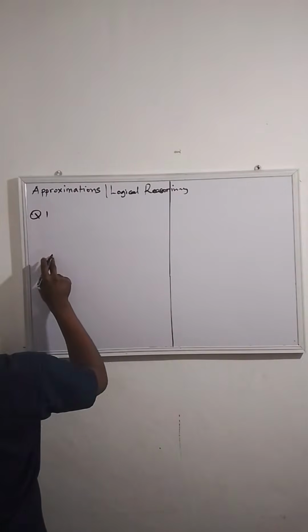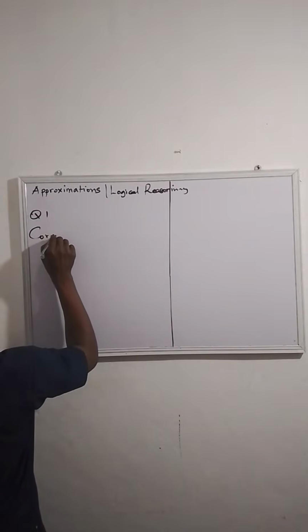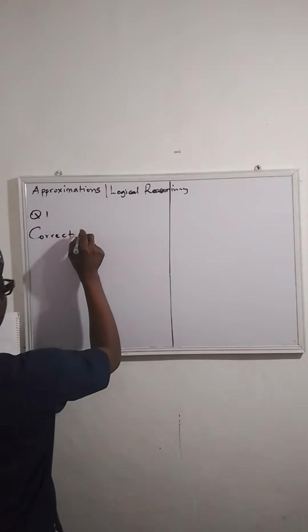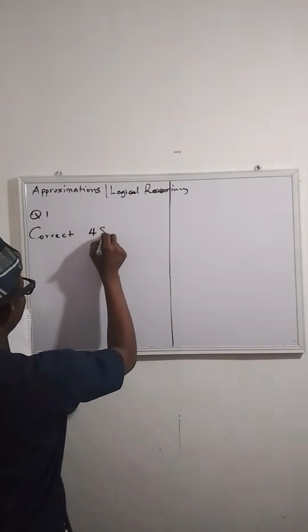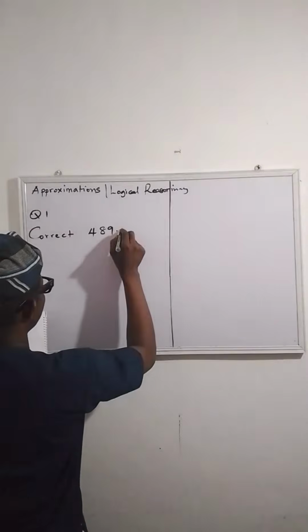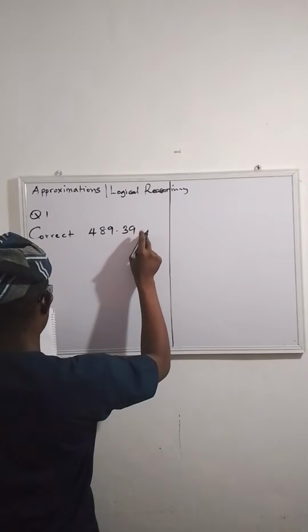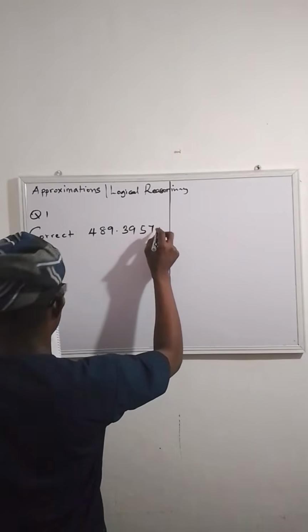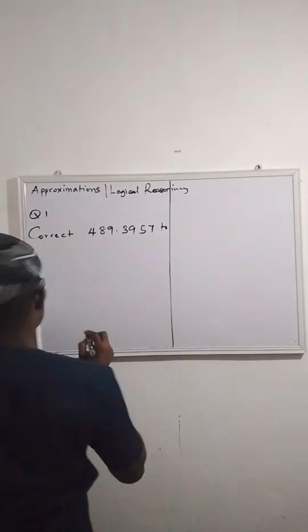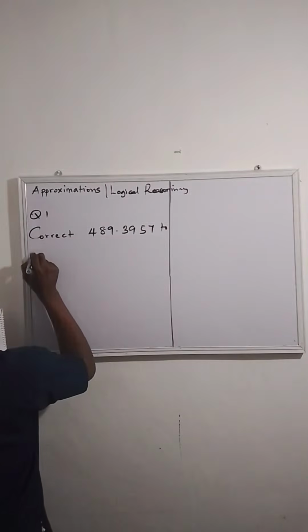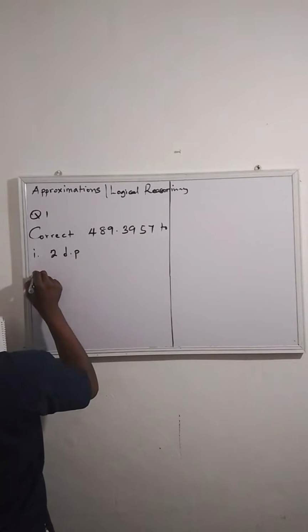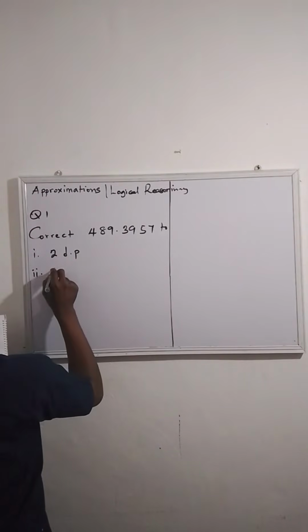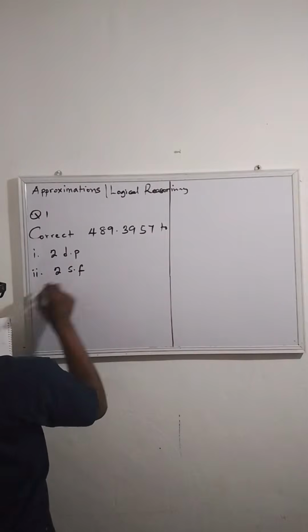Question 1. Correct 489.39572. Roman numeral 1, 2 decimal places. Roman numeral 2, 2 significant figures.